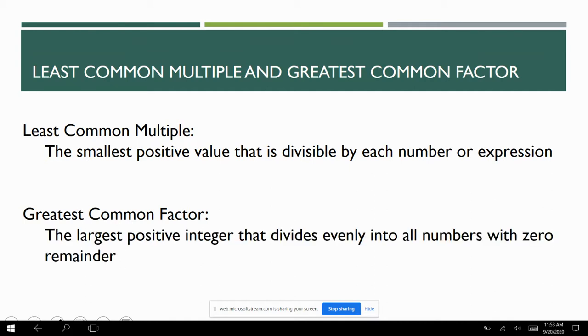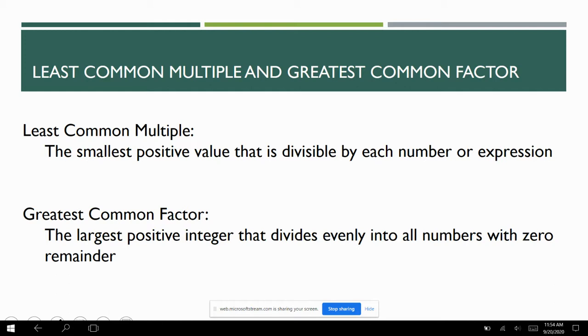Our greatest common factor is the largest positive integer that divides evenly into all numbers with zero remainder. So factors are those numbers that we look at. They multiply to be our positive integer.